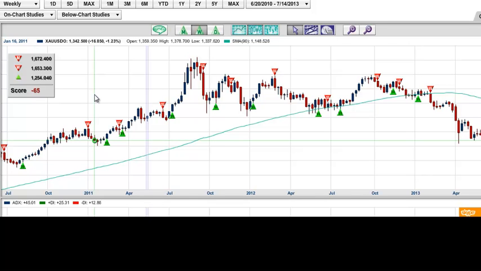So you would go in that direction the following week. Our last trade in this case was February 11th. So the following week, which would have been February 17th, it looks like, you would be going in that direction, and you would have profited. In this case, the market was down 27 bucks.